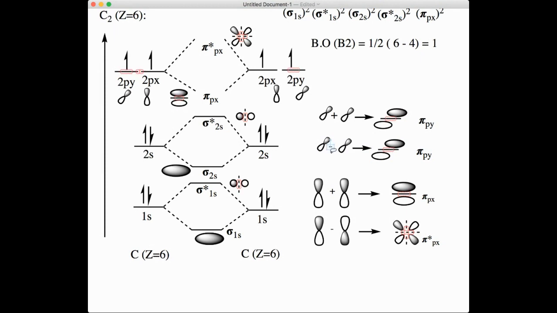So out of phase combination, once again, they have different sign of the wave function. So I need to turn this around, obviously, right? That could be out of phase combination, and then this will lead to a pi antibonding molecular orbital, which is going to look more or less like this. Then we have a nodal plane here and another nodal plane over here, 90 degrees from each other. And then we have all the destructive interactions reflected here.